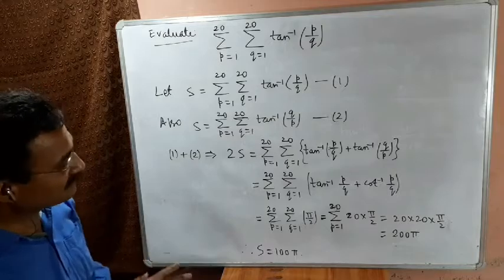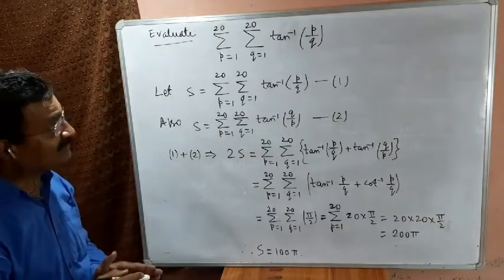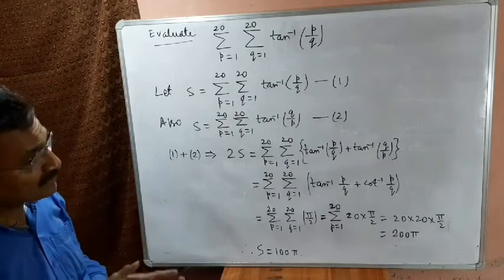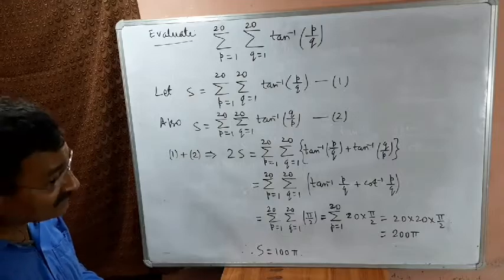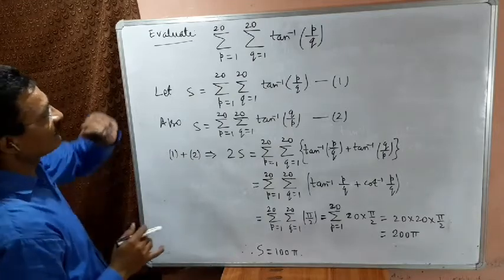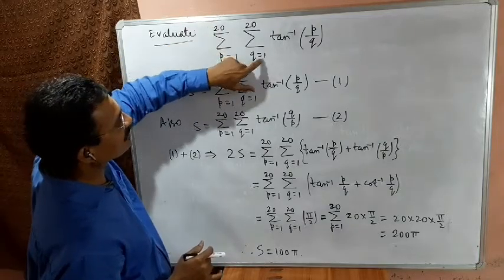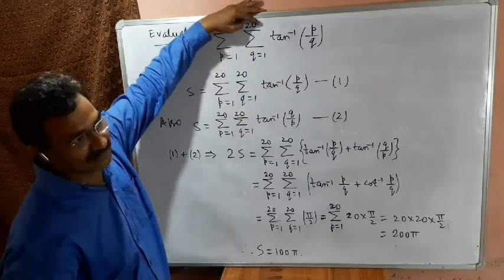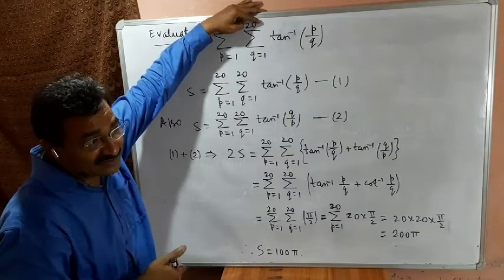The important thing in this question is that if P and Q are interchanged, then there is no loss of validity, and the value will be unchanged. But if the limit of P is from 1 to 20 and Q is from 1 to something else, then P and Q cannot be interchanged.